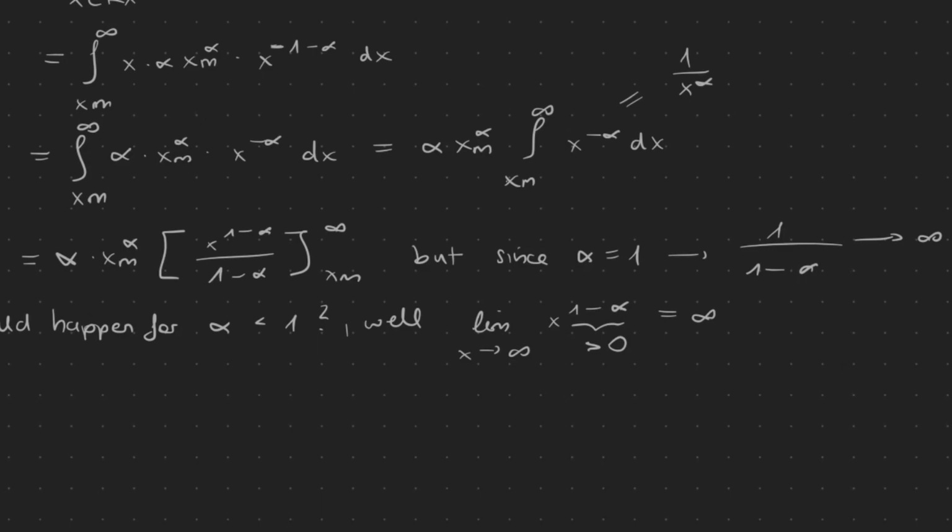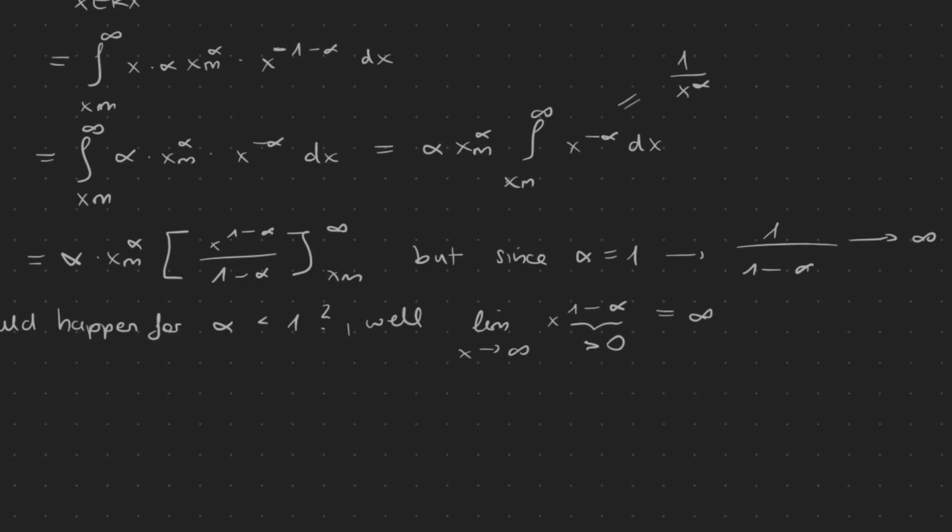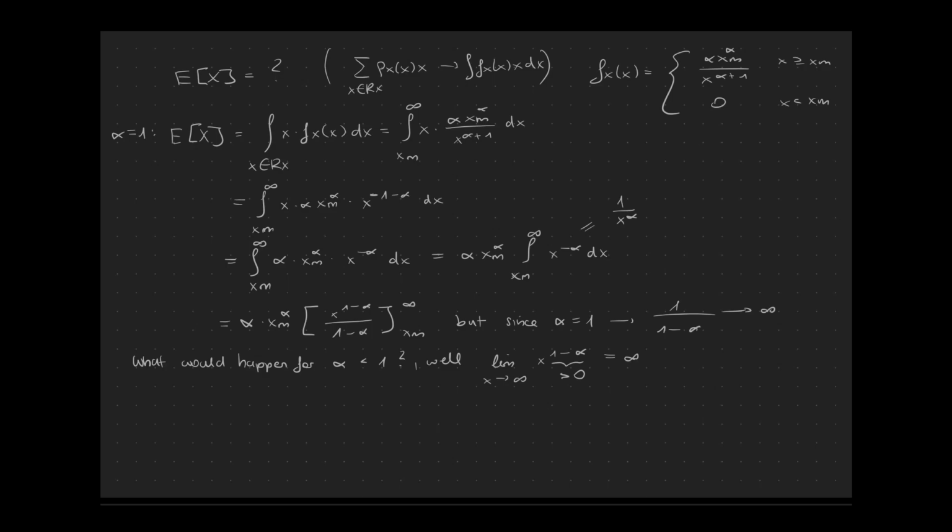Well, the limit again from x going to infinity for x to the power of 1 minus alpha, and if alpha is smaller than 1, this would be x to the power of some positive exponent, and this would converge to infinity. And so we can see that for alpha being smaller or equal to 1, the expectation value is not defined.